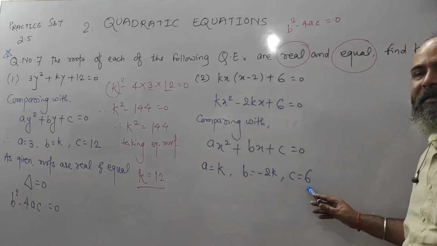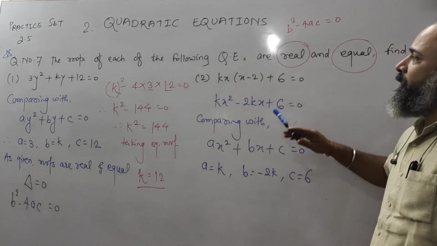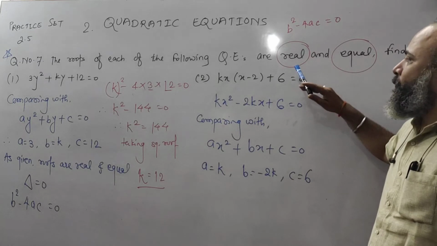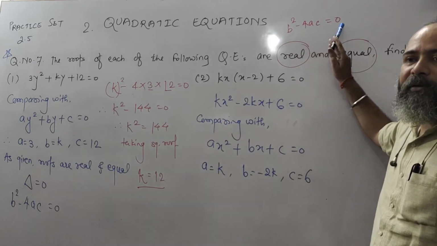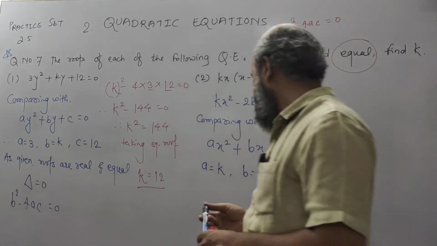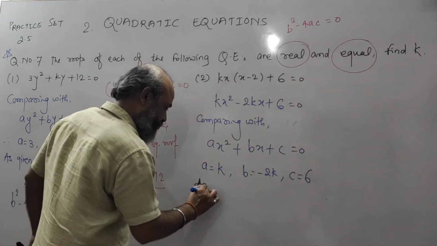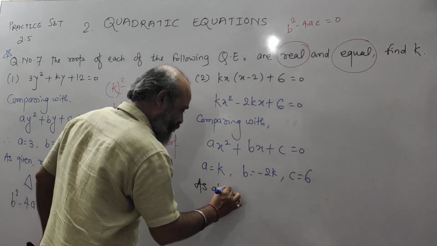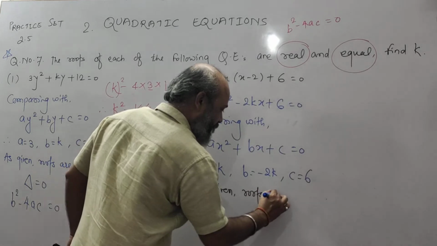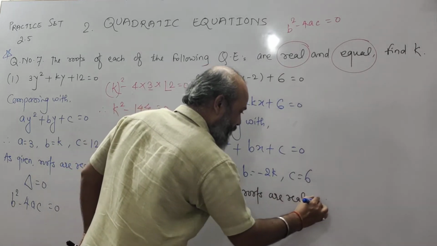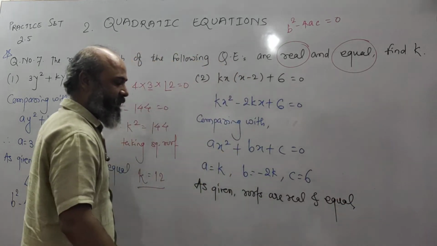As it is given in the question, the roots of the equation are real and equal. It means that the value of b square minus 4ac is 0. As given, roots are real and equal.